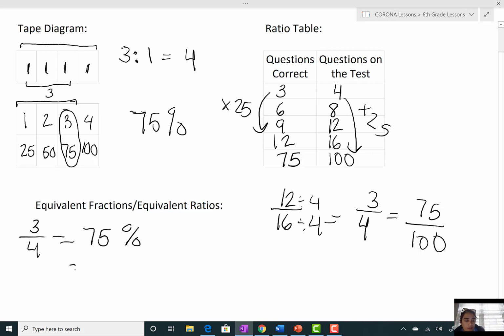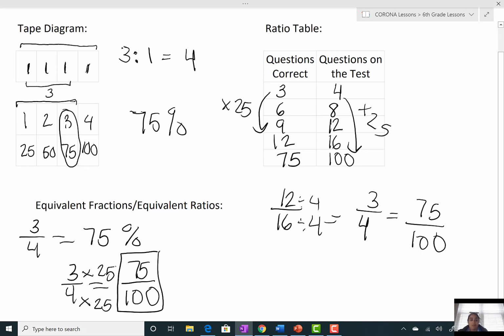Or you might have needed to set it equal to a fraction out of 100, which is the same thing as a ratio out of 100, multiplied the top and the bottom by 25 to give me 75 out of 100. So as you can see, Jessie scored lower than her friend Alyssa. She got a 75%.